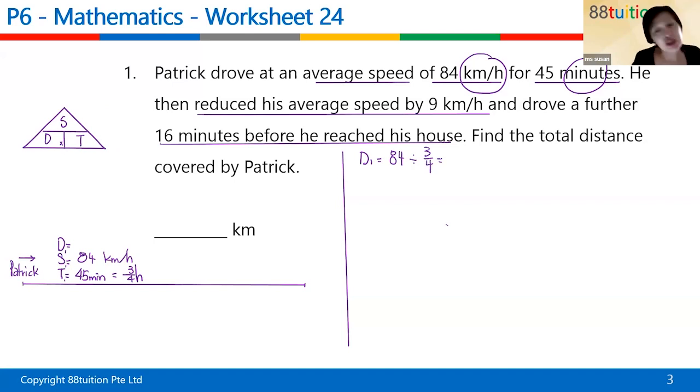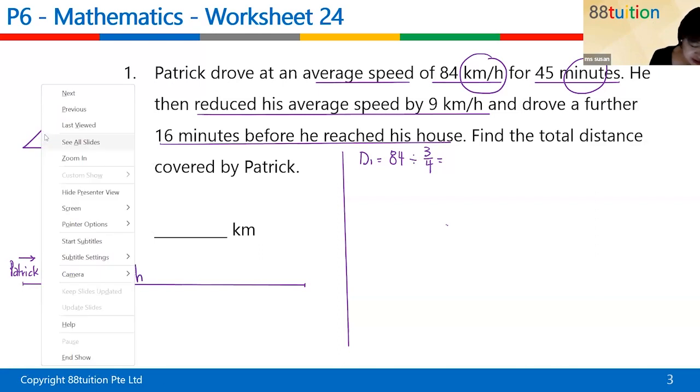So therefore, this one is calculator paper, I mean, not able to use calculator. So 84 times 3/4, you should get 63. The distance being covered. He wants to find the total distance. So distance equals speed times time. Sorry. Right, this one D and S.